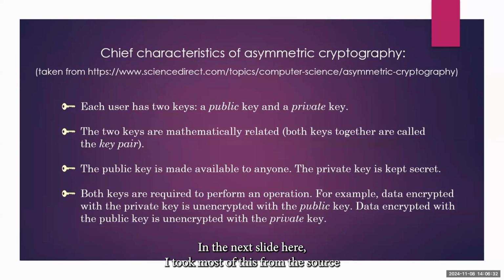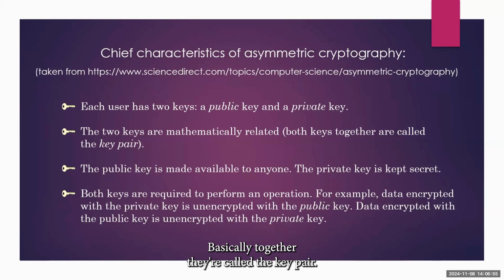In the next slide here, I took most of this from the source you see there at the top, just a quick description of the chief characteristics of asymmetric cryptography. So the 2 keys, the public key and the private key, they're mathematically related, and they're both derived from the same mathematical formula, basically.